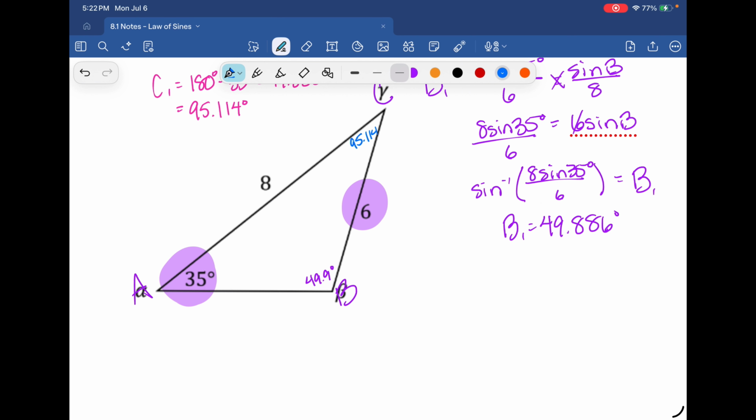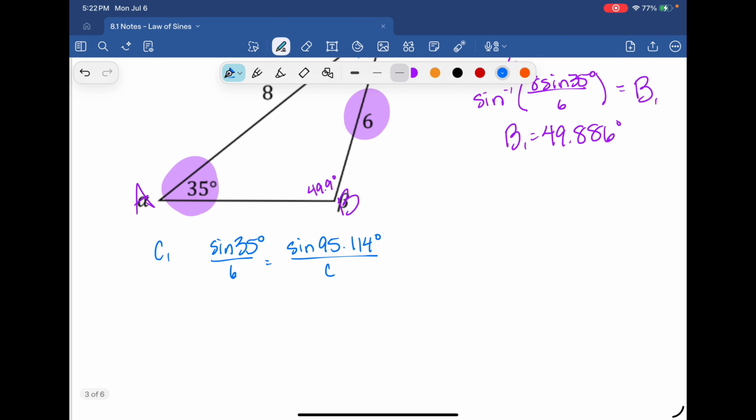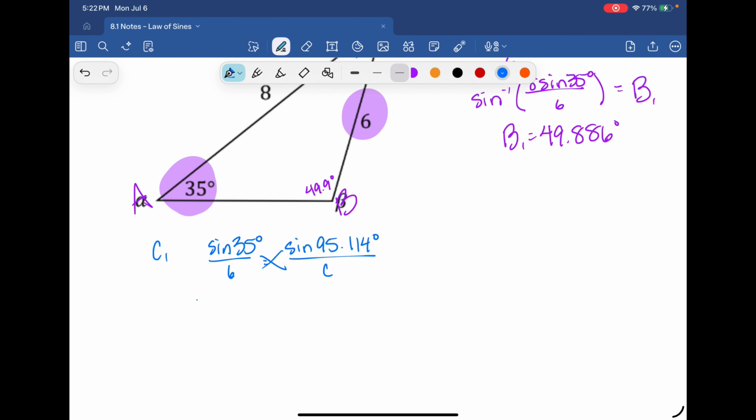So find side C. Sine 35 degrees over 6 equals sine 95.114 over side C. Multiply. And divide by sine 35.